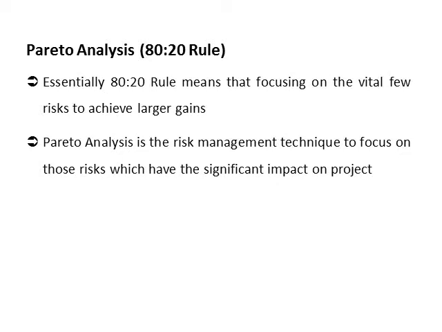The discussion is summed up in the 2 bullet points. The first point is all about the 80-20% rule, which means focusing only on vital few risks to achieve larger gains. Whereas as a whole, the Pareto analysis is a technique to focus on those risks which have significant impact on the project.